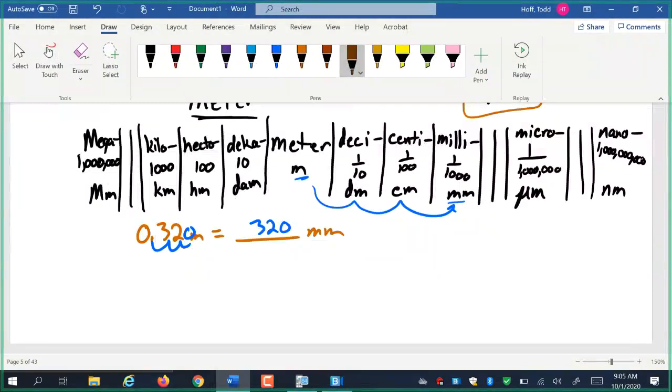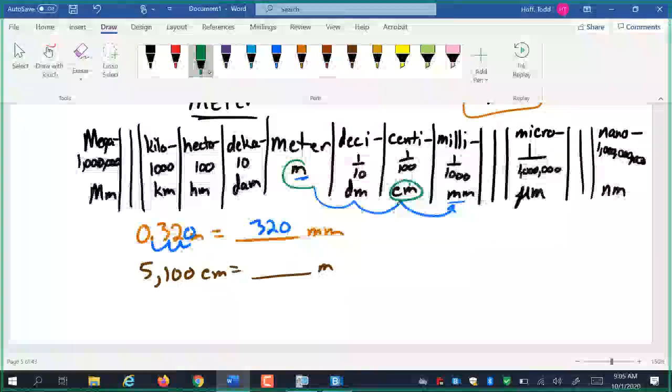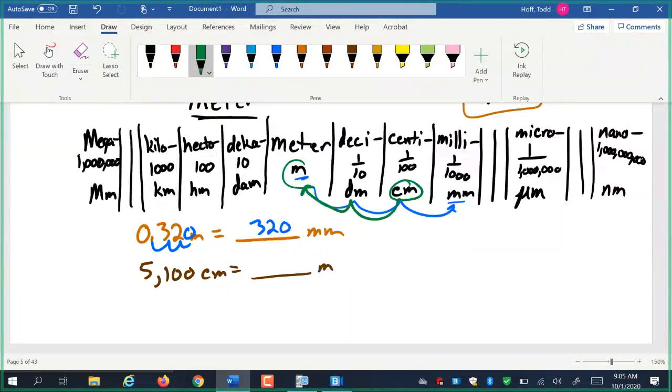Or I might have 5,100 centimeters, converting into meters. Well, again, from centimeters to meters, that's 2 spots to the left on my chart. So my decimal point, it's not written here, so we assume it's at the end of the number, goes 2 spots to the left.